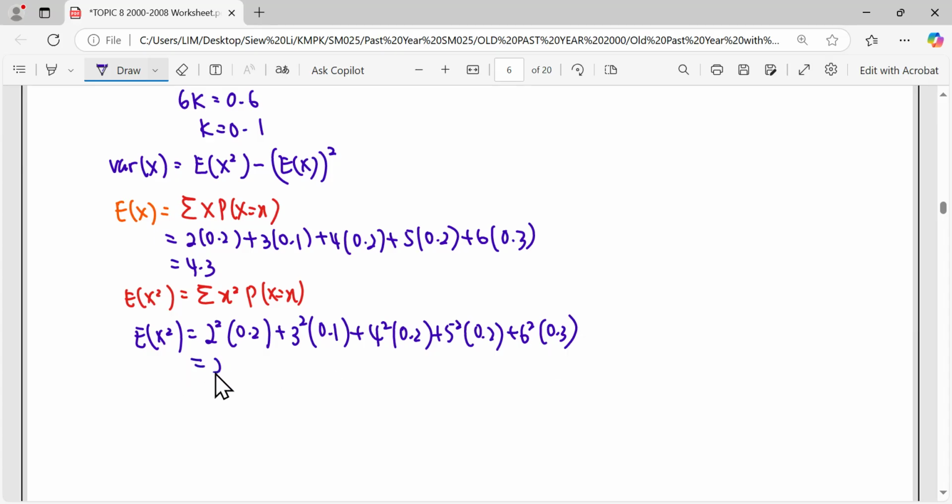Simplifying this, we get 20.7. So to find the variance, it will be E(X squared) minus the mean 4.3 squared. Simplify using your calculator.